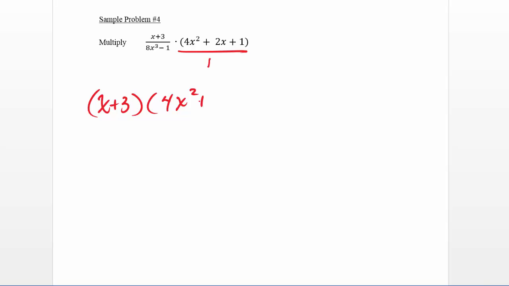But I'm going to go ahead and multiply together, or at least put together, the numerator. Now, if we look at 8x to the third minus 1, that is a difference of cubes in this case. And so if you remember the SOAP acronym for same, opposite, always positive, that tells us what our signs are going to be in this factor.